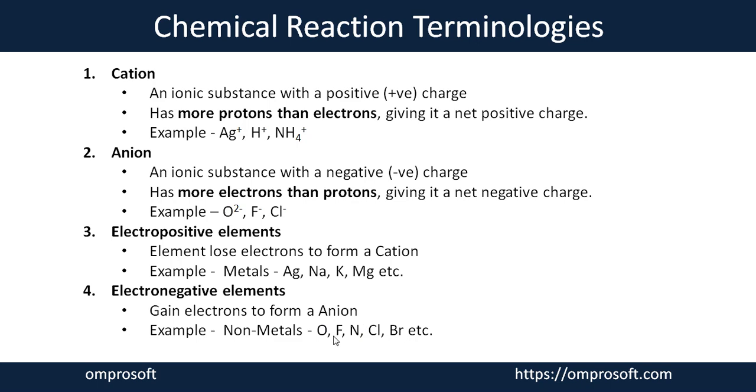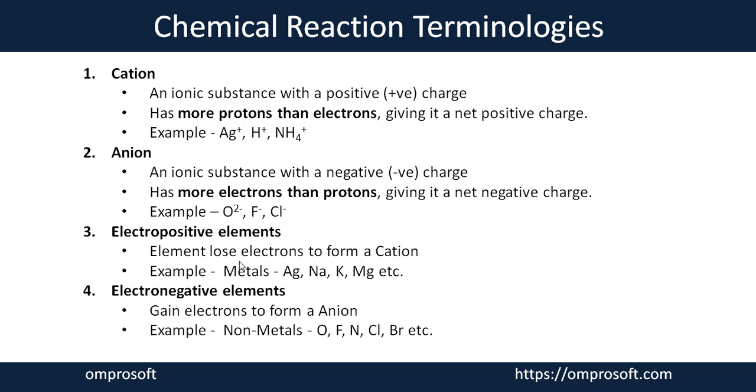These elements have the ability to gain electrons and convert themselves into an ion by getting a negative charge. If I consider oxygen here, this O represents an electronegative element, but this O-2 represents an ion, because it has already gained electrons.